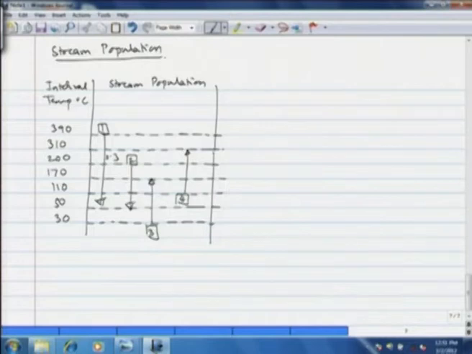The Cp values we write besides the stream: 0.5 for 2, 0.4 for 3, 0.6 for 4. Now delta T interval in degrees centigrade is 80, this is 110, then 30, 60, 60 and 20.